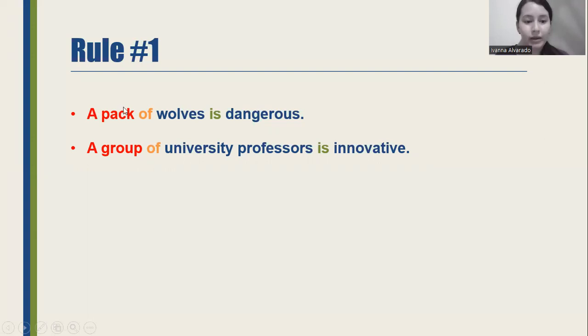The noun phrases, a pack and a group, are in concordance with the verbs. In the first sentence, a pack is in concordance with the verb is, and a group is in concordance with the verb is in the same way.